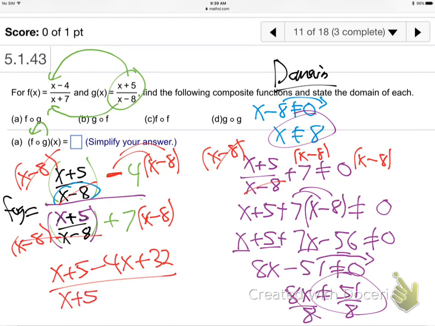X plus 5, the plus 7 distributes, plus 7x minus 56. And that cleans up. We good so far? Everybody see how I'm getting that? What is that going to be? Minus 3x plus 37 over what? 8x minus 51.